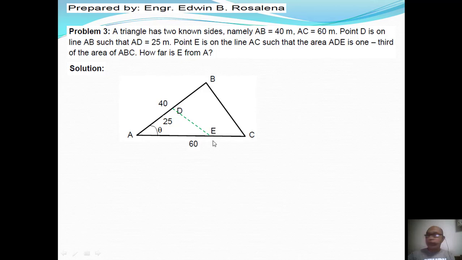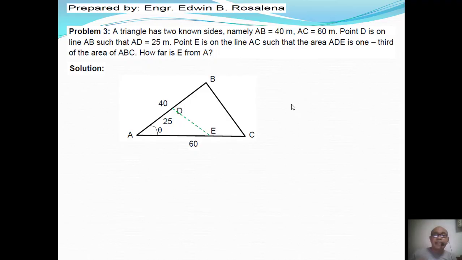Point E is on line AC such that the area ADE is 1/3 of the area ABC. How far is E from A? Okay? So, we have viewed already the problem situation.